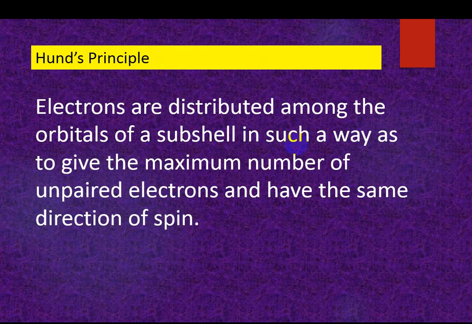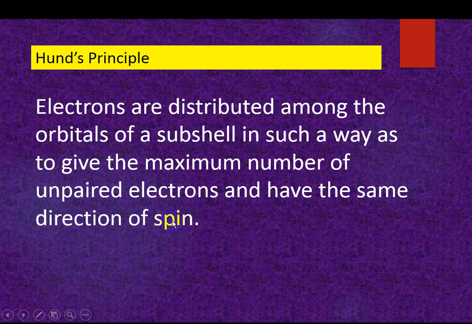Hund's rule: electrons are distributed among the orbitals of a subshell in such a way as to give the maximum number of unpaired electrons, with the same direction of spin.